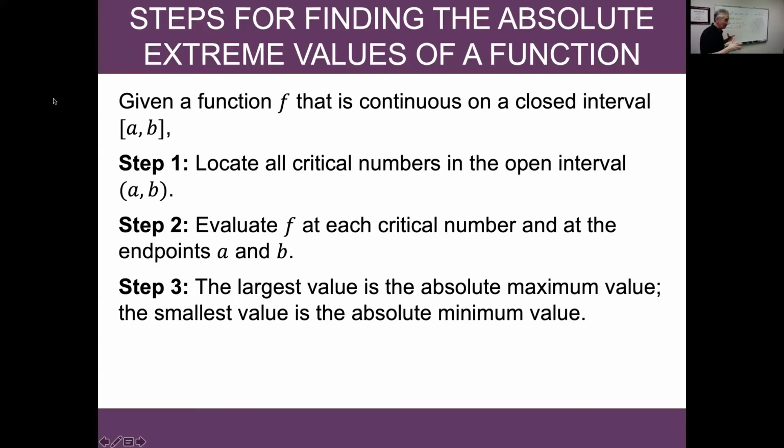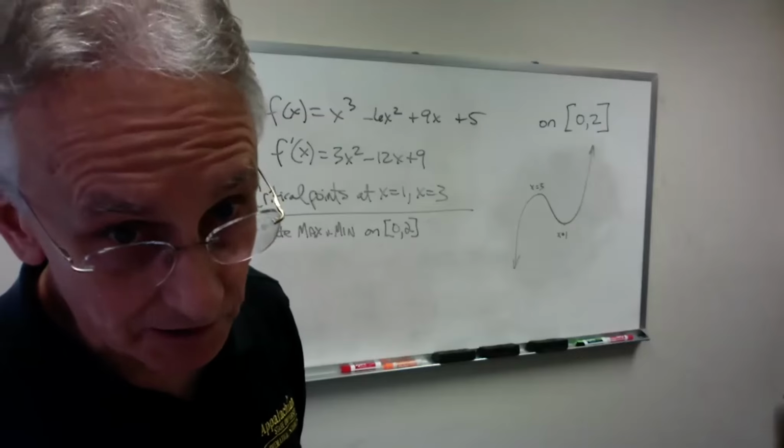The biggest number will be the absolute max, and the smallest will be the absolute min. It's that straightforward. That's it. So let's do that.